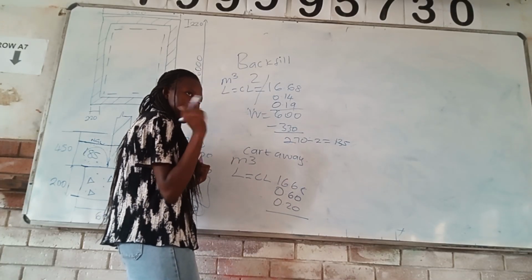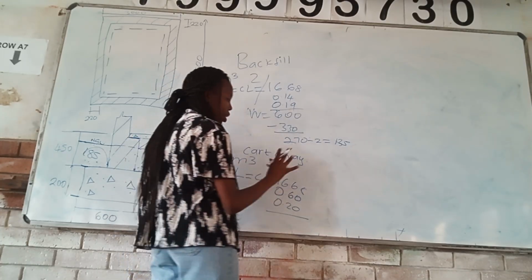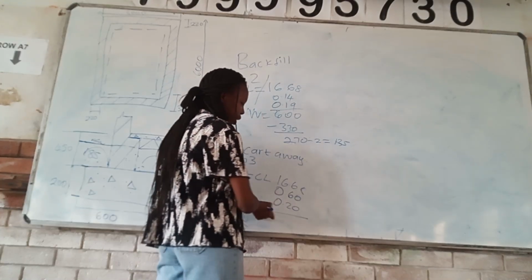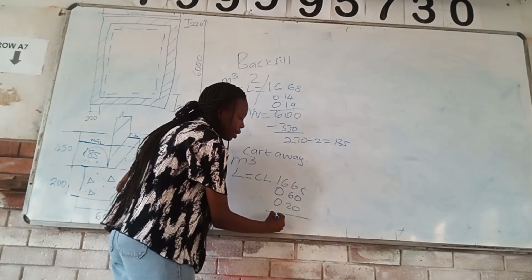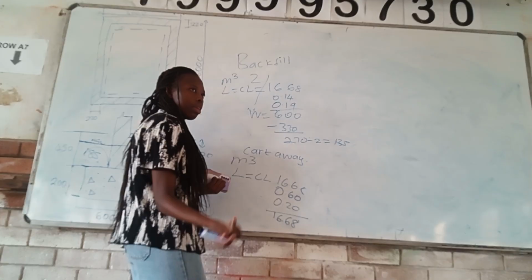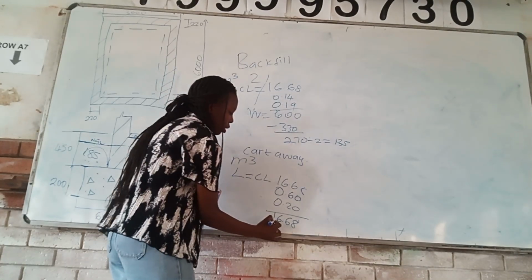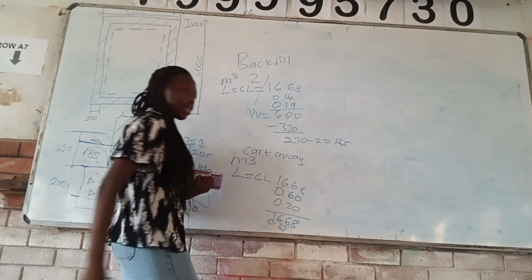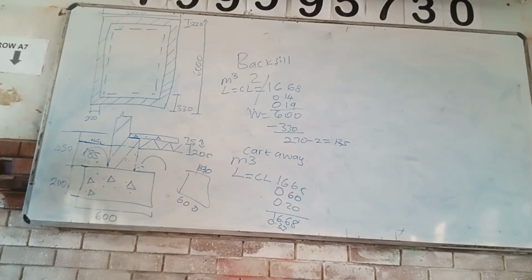You underline. We now go to it's still in the same bracket, not a different bracket. When they say cutaway, you cut away two times, in the same bracket. It means that you underline here and then take off again. Still, the length is the center line, 16.68. What is the width? 330, 0.33. What is the height? 185. Yes, it is cutaway.